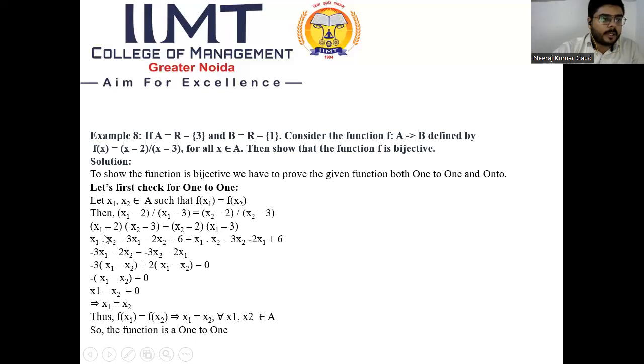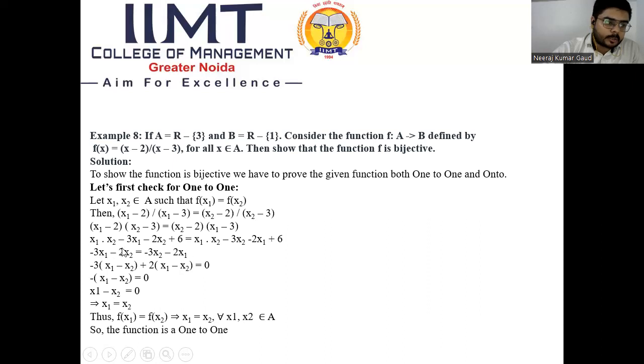On cross multiplying, we get (x1 minus 2)(x2 minus 3) equal to (x2 minus 2)(x1 minus 3). On multiplying, we get x1x2 minus 3x1 minus 2x2 plus 6. In a similar manner, x1x2 minus 3x2 minus 2x1 plus 6. So after cancelling x1x2 and 6 from both sides, we are left with minus 3x1 minus 2x2 equal to minus 3x2 minus 2x1.